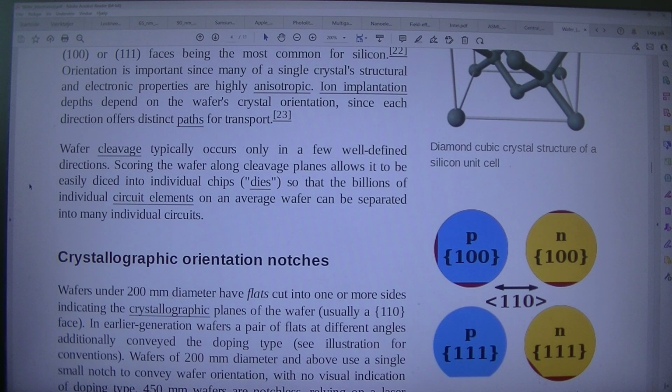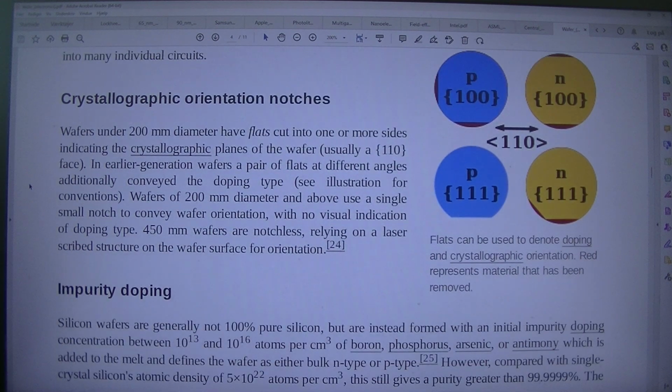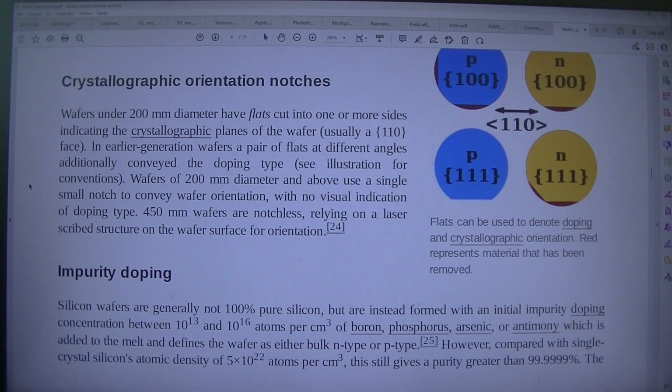See illustration for conventions. Wafers of 200 mm diameter and above use a single small notch to convey wafer orientation, with no visual indication of doping type. 450 mm wafers are notchless, relying on a laser-scribed structure on the wafer surface for orientation.